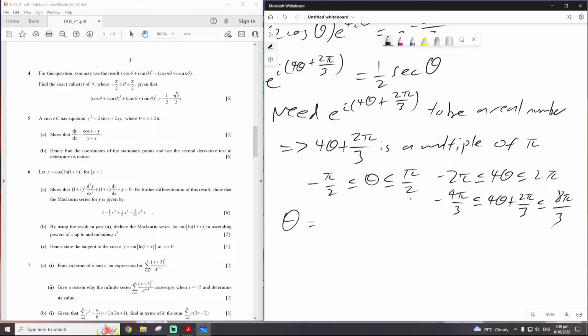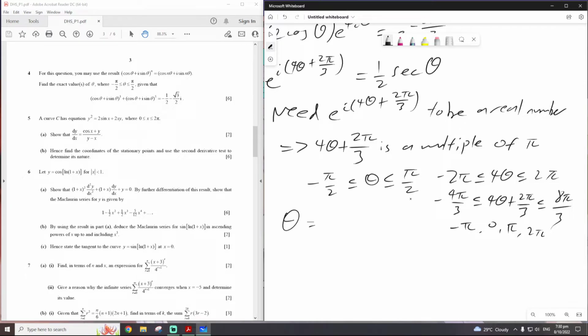Okay, there you go. So now I can write down the possible multiples. The possible multiples will be negative pi, 0 pi, and 2 pi. So I let this be 4 theta plus 2 pi over 3, so this can be negative pi, 0 pi, and 2 pi.